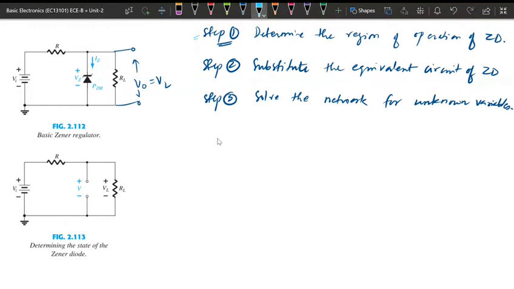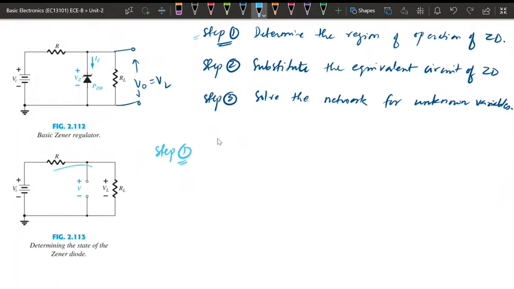So the first step is to find the region of operation of the diode. We have placed a voltage V across this diode and made it an open circuit, so we need to find this voltage. Since it is open, there will be no current flowing through it, so the total current will flow in the circuit in this way.